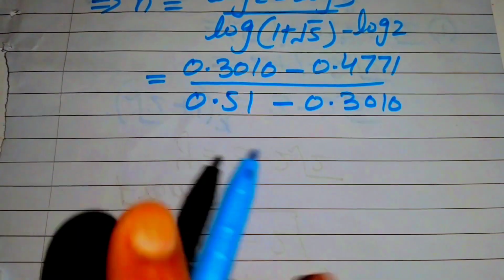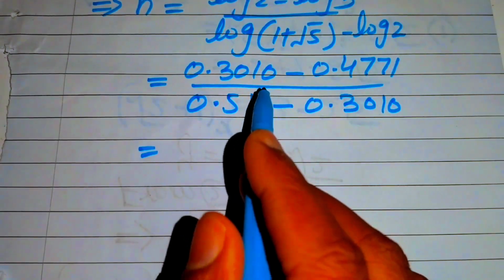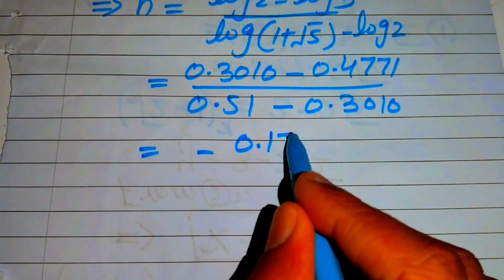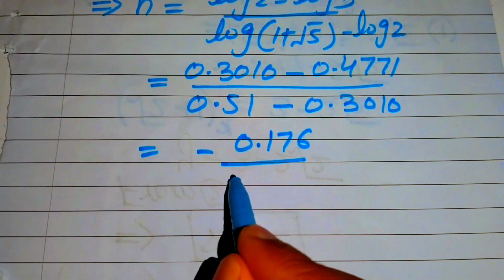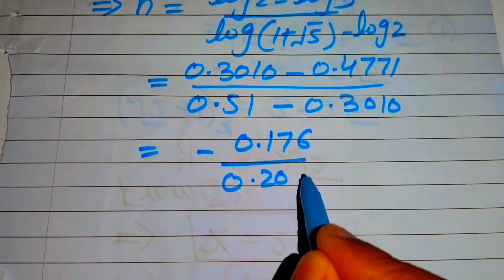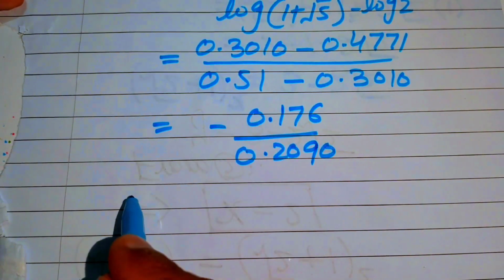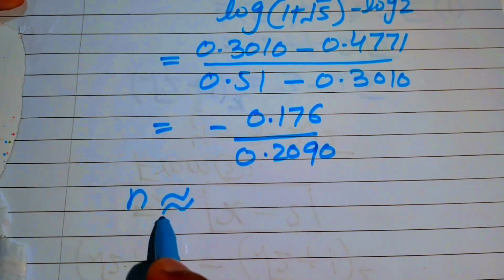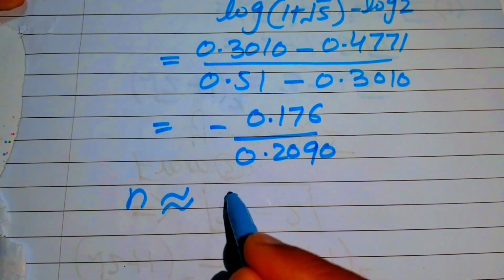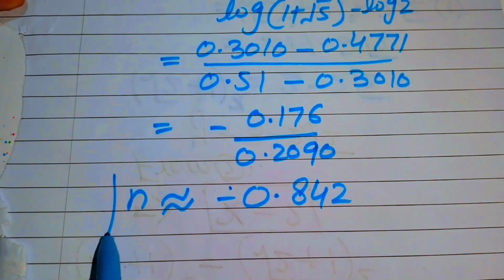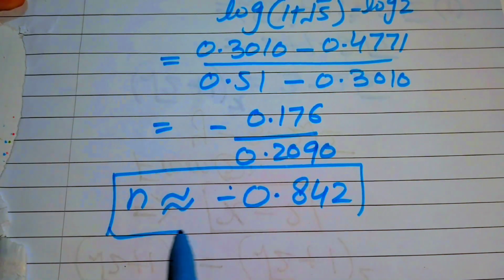So now we subtract in numerator and denominator, and you get minus 0.176 divided by 0.2090. So when we divide these two terms, you approximately get the value of n equals to minus 0.842. So this is our final answer to this question.